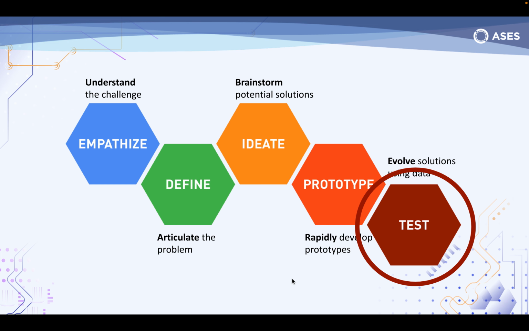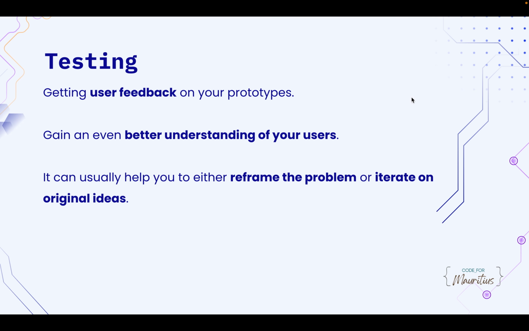Great, so now that you've learned about prototyping and are ready to test out your lo-fi prototype, let's talk about testing. Testing is a way to get user feedback on your prototypes, so you can iterate on them, or iterate on your ideas and see whether your users actually think that your idea is helping solve their problem.